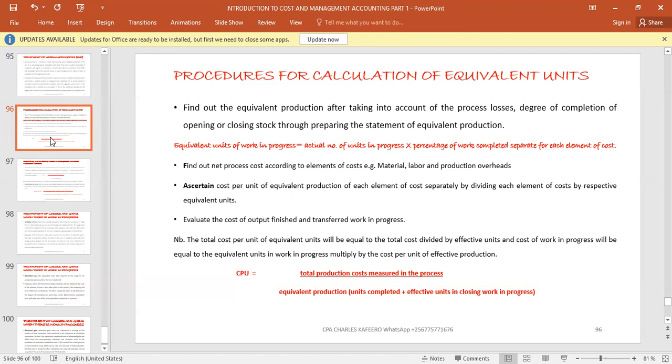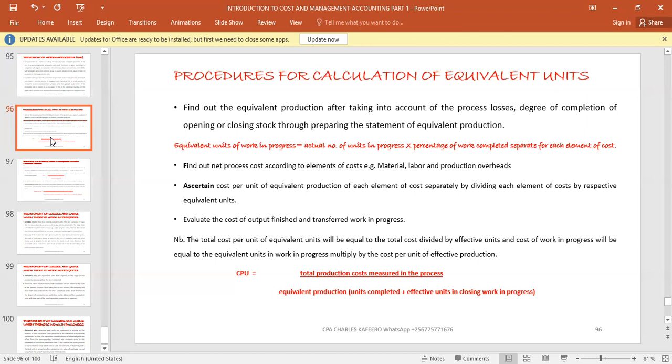The third one is to ascertain cost per unit. We ascertain the cost per unit of equivalent production for each element of cost separately.